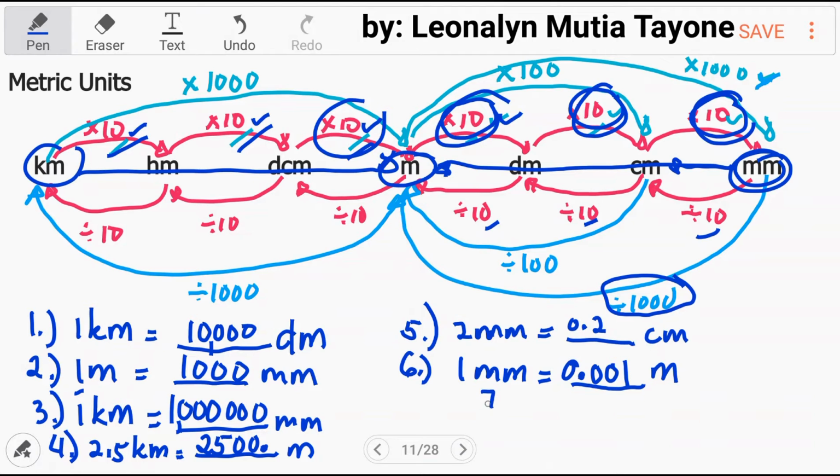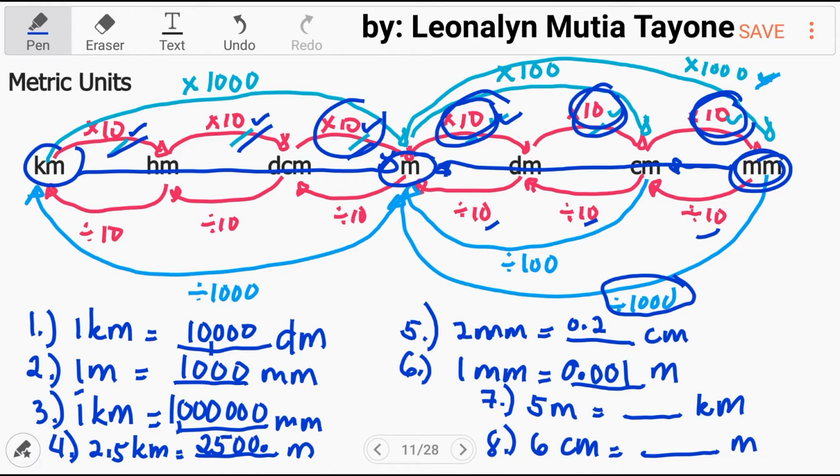Now, before tayo mag-proceed sa ating number 7 at number 8 na example, yung number 7 example natin ay yung 5 meters, i-convert natin into kilometer, at si 6 centimeter, i-convert natin into meter.